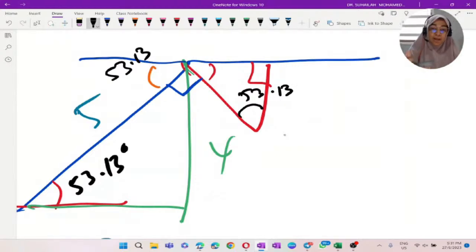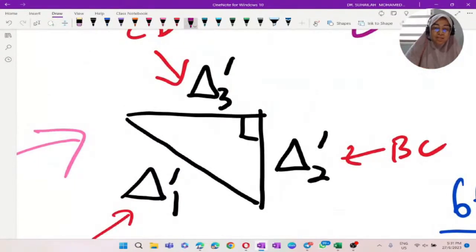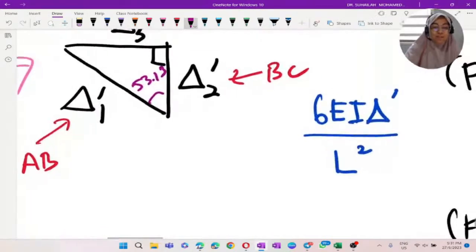So from this triangle, this is 53.13. This is important. We have to identify the angle so that we can write the relationship.